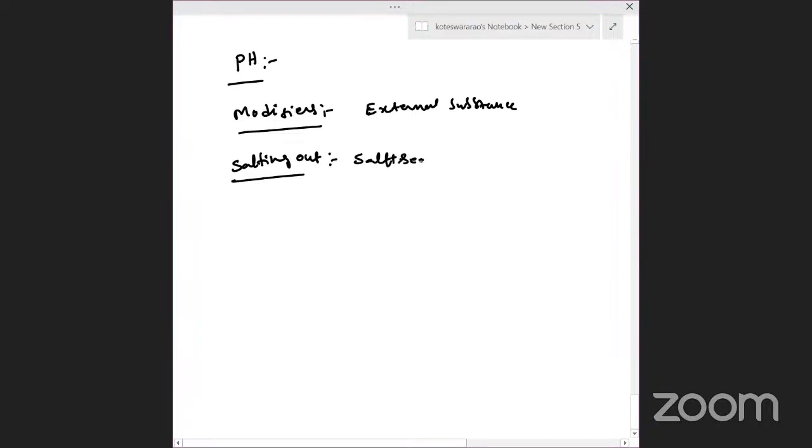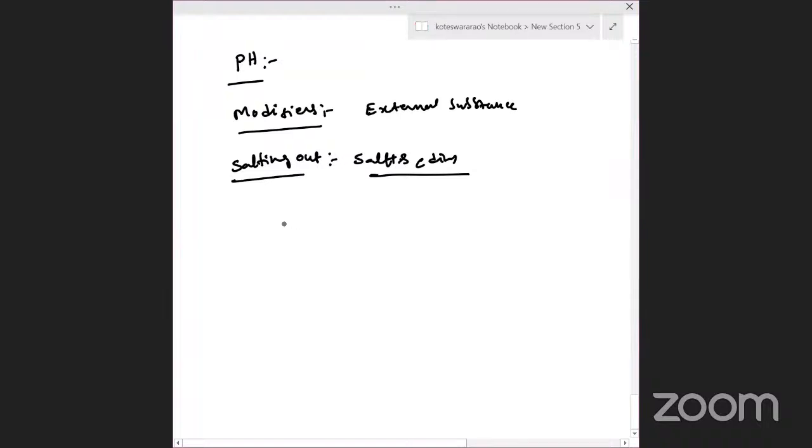Whenever we add a salt to the solution, the reduction of the solubility of a non-electrolyte by increasing the ionic strength is called the salting out effect.